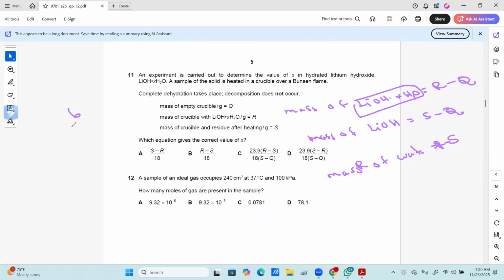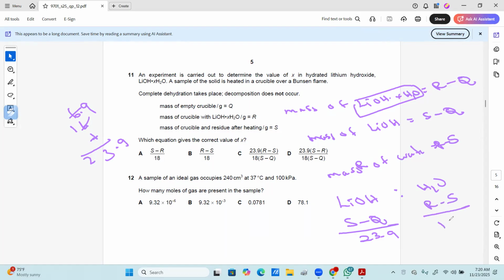Lithium is 6.9, oxygen 16, hydrogen 1, so 6.9 plus 16 plus 1, that is 23.9. So first we find the moles of lithium hydroxide and water. Moles of lithium hydroxide is S minus Q divided by 23.9. Moles of water is R minus S divided by 18. So you need to divide by the smallest number to get the ratio.